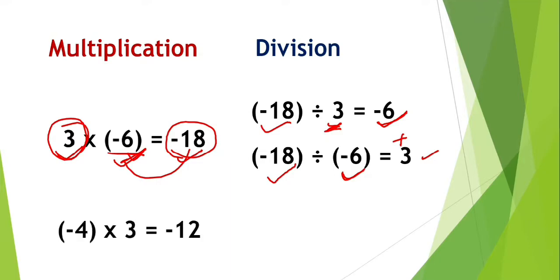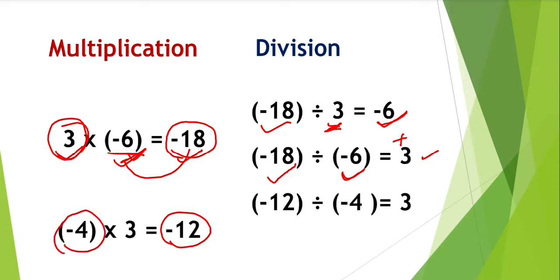And minus 4 into 3. Here minus 4 is a negative integer and 3 is positive. Already we know that in multiplication, minus into plus is minus, and 4 threes are 12. Now see the division. Minus 12 divided by minus 4: when you divide minus 12 by minus 4, you will get 3 as the result.